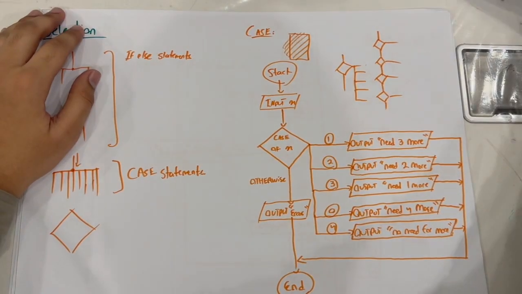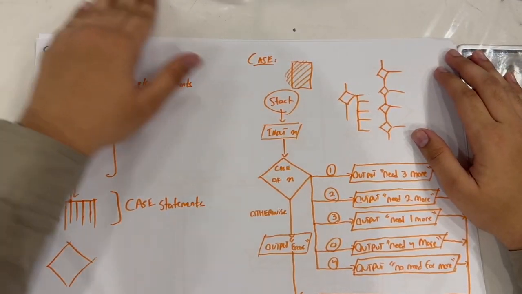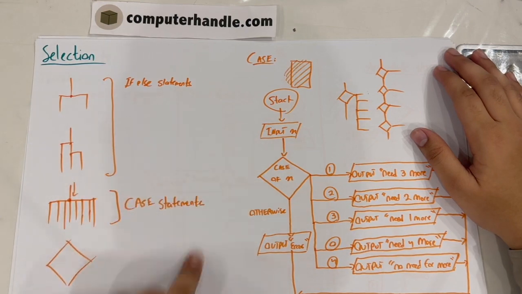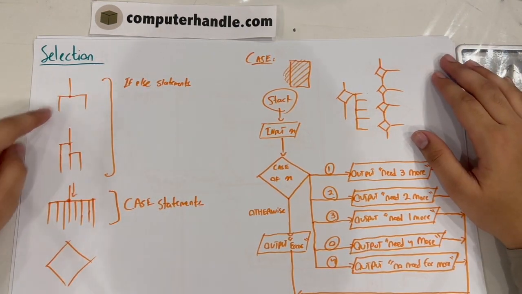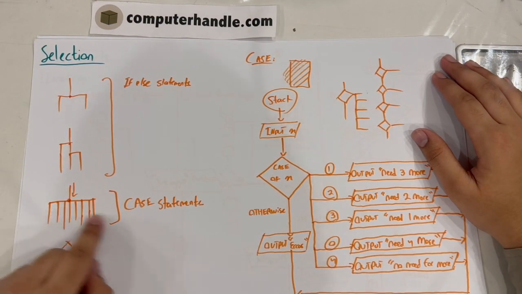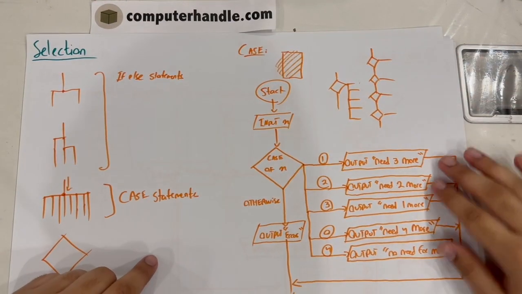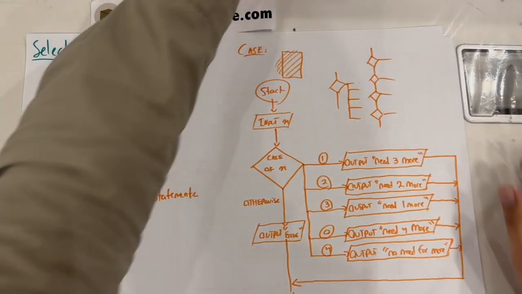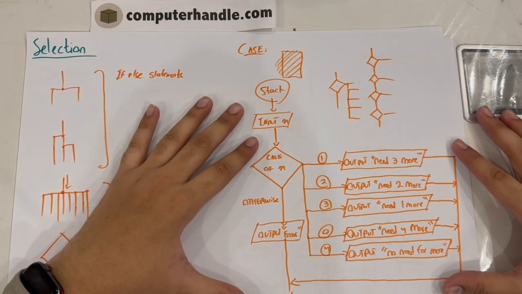Then we had a more formal introduction to the selection box, or more like selection. Alright, and we had if-else statements which can only hold a 2-point junction, and case statements which can hold multiple junctions. Because we had an example for the if-else statement in the previous lecture, we discussed the example of the case statement in this lecture.